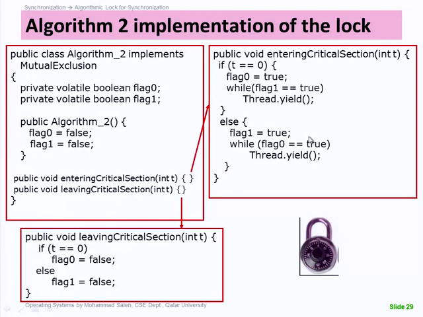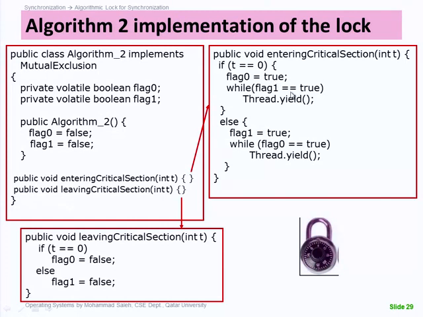But let's look at this scenario through this code. Assume that thread 0 is willing to enter its critical section. Means it's going to call this method with t equals 0, and it will set its flag to true. So thread 0 has the intention to enter the critical section, and its flag is true.